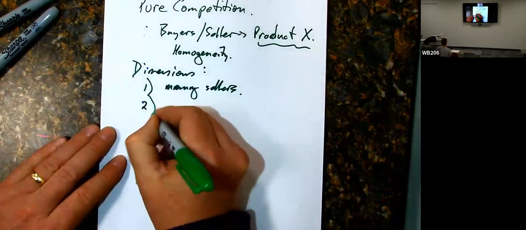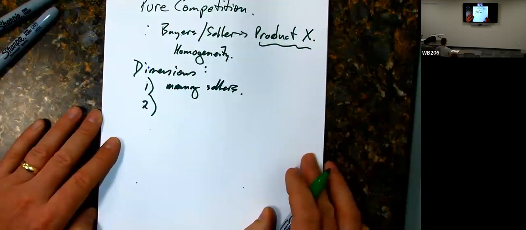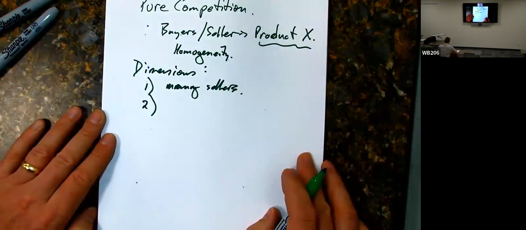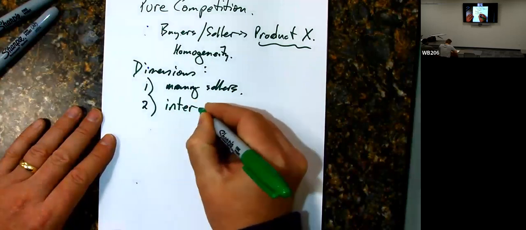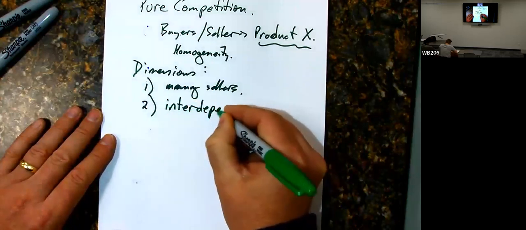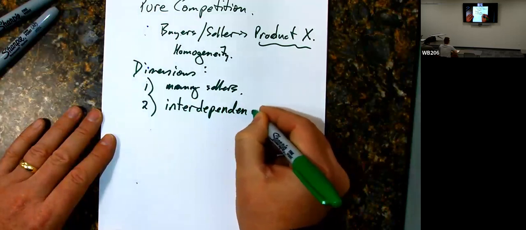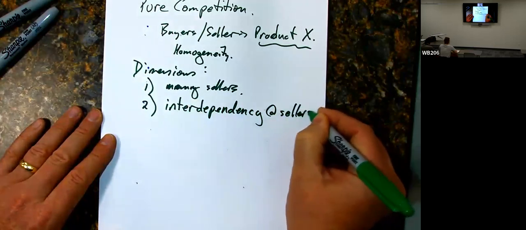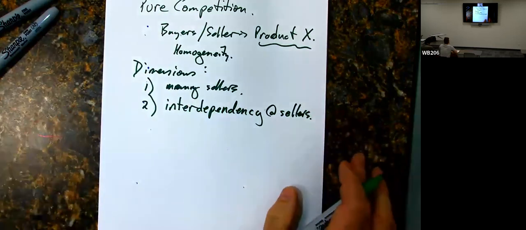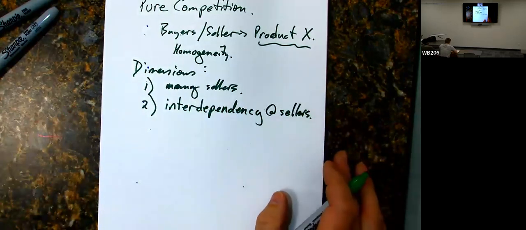The second dimension would be the extent to which interdependency is felt among the sellers. In some markets, one seller doesn't feel any relationship with other sellers.